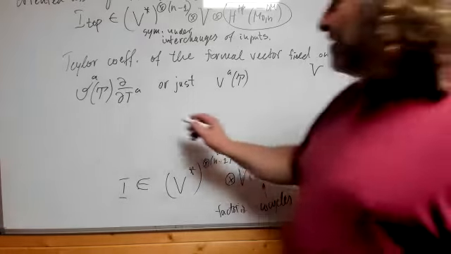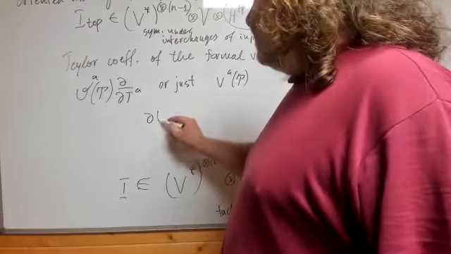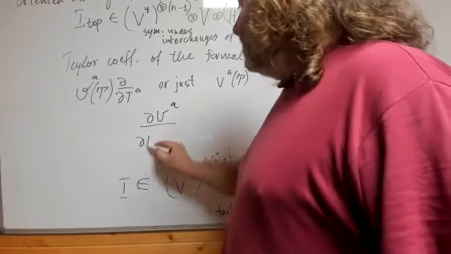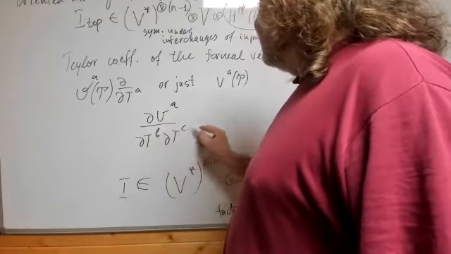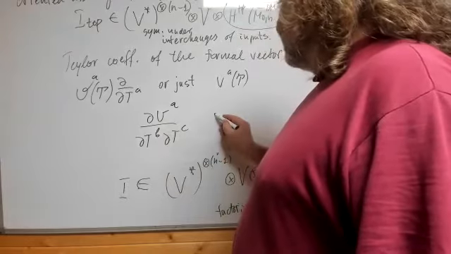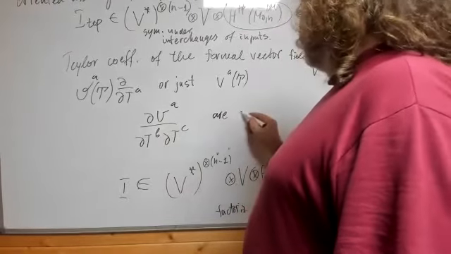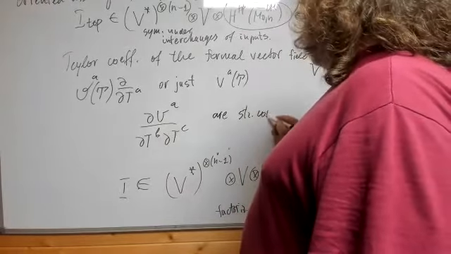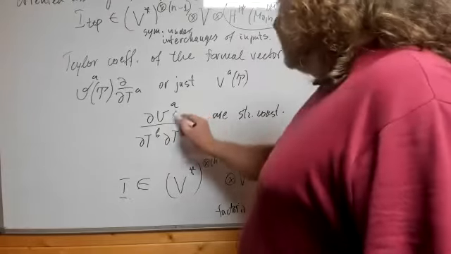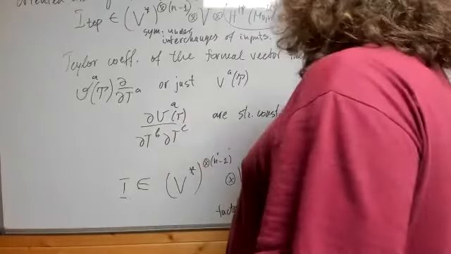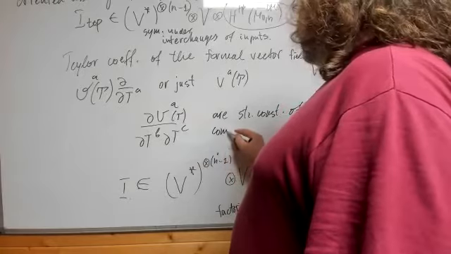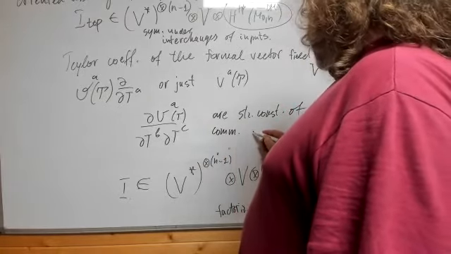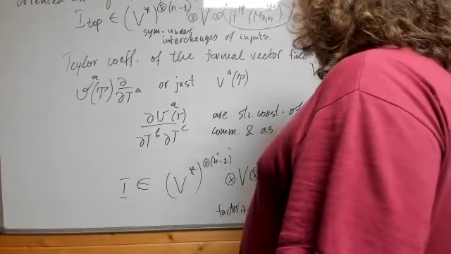So the main statement would be that d V^A over dt_B dt_C are structure constants of a commutative and associative algebra.